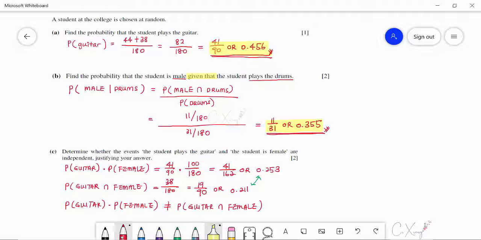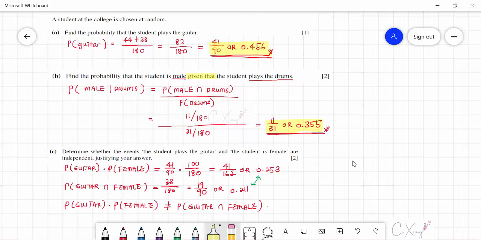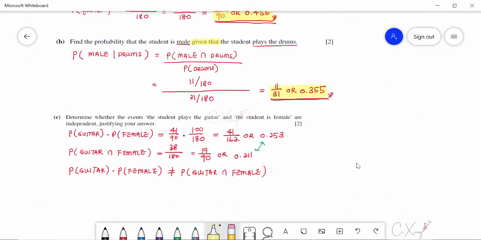And this is the reason, therefore you can write out the conclusion here. Maybe I write it down here. Okay, so you can make a conclusion here.